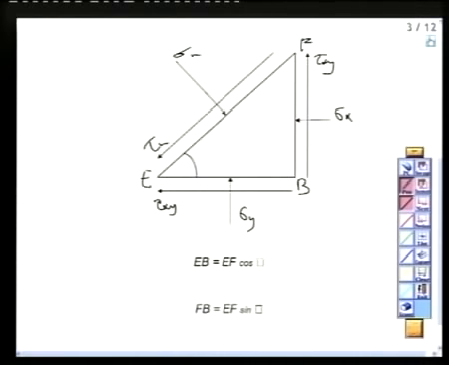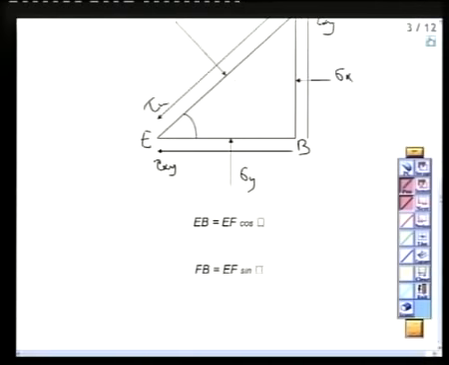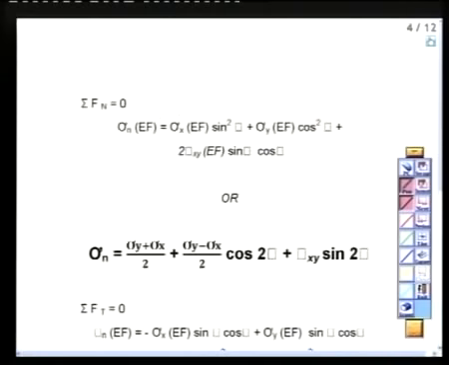We said let us try to eliminate as many unknowns as we can. So we can say that EB equals EF cosine theta, and FB equals EF sine theta. Knowing this, we try to sum forces in the direction of n.